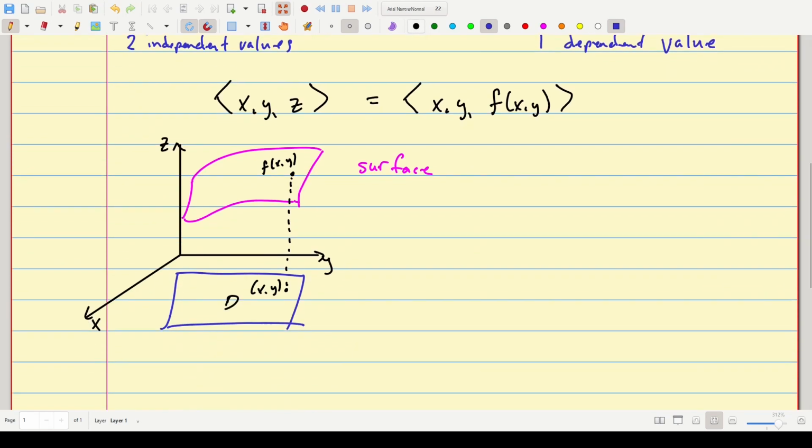Now, in comparison to this, we also talked about space curves. How many dimensions is that object? That's 1, right?